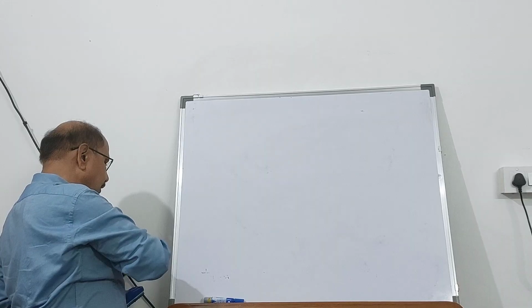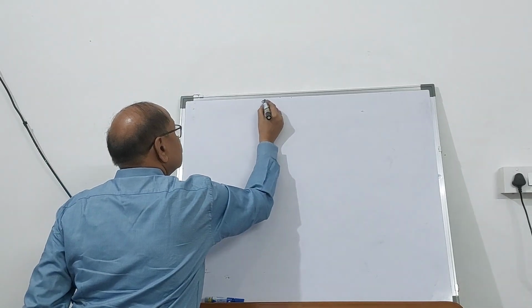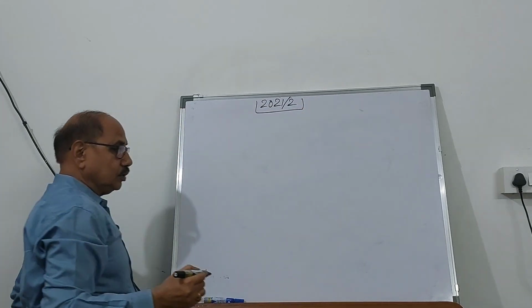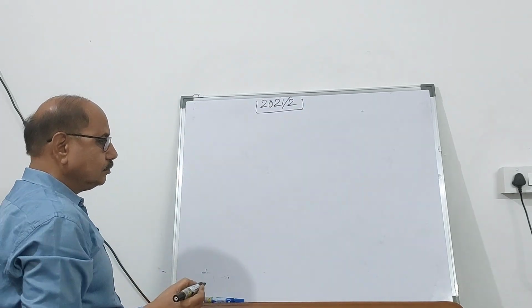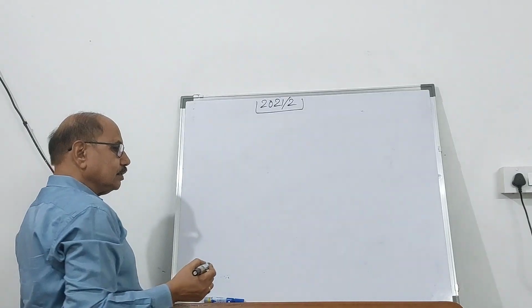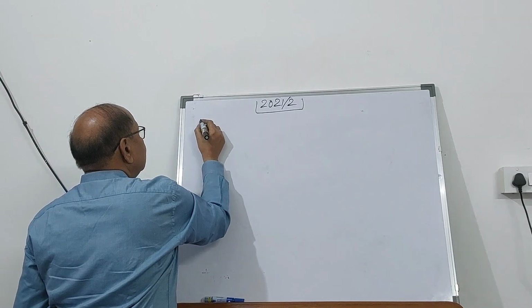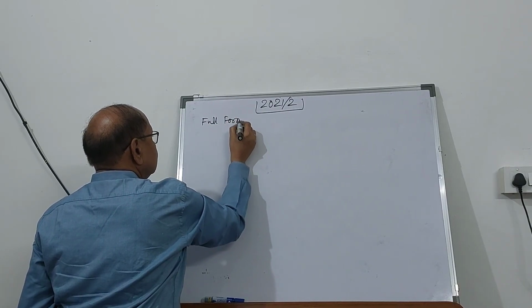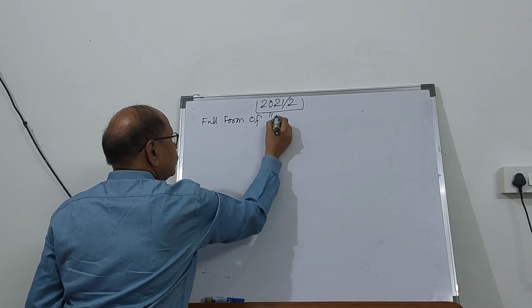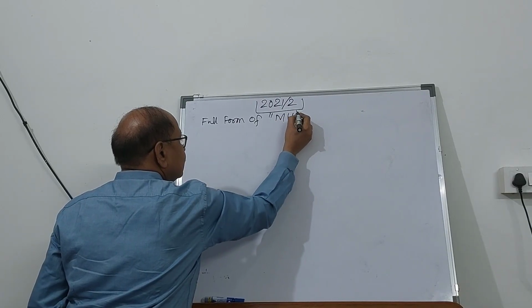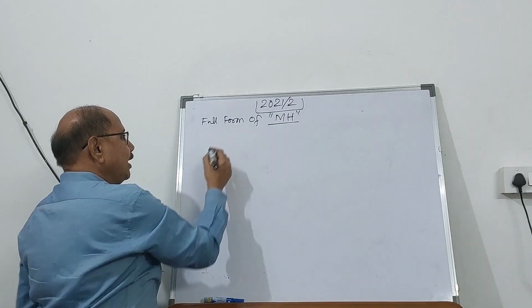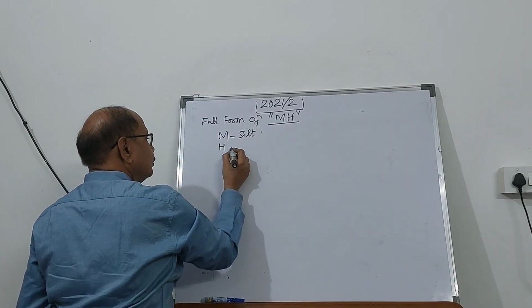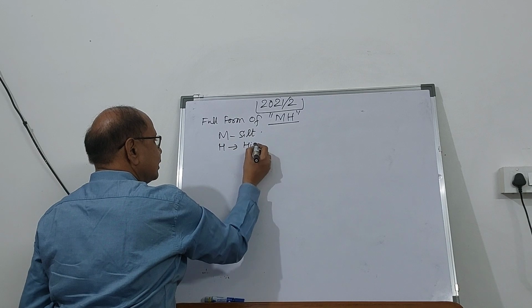Now 2021 set 2. This is again an interesting question: the full form of soil symbol MH. You know, M is used for silt and H for high plasticity.